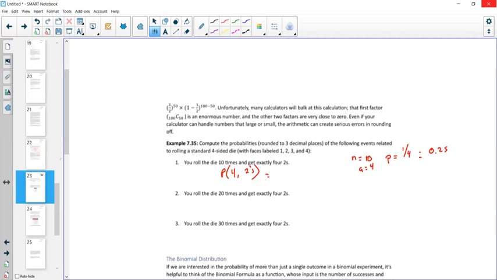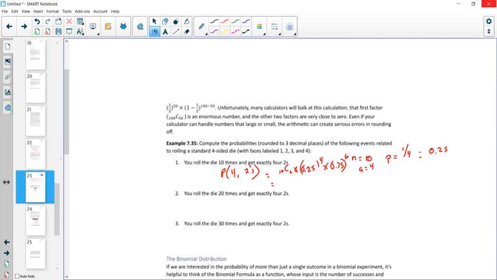So our formula is 10C4 times 0.25 to the fourth times 0.75 to the sixth, 10 minus 4.